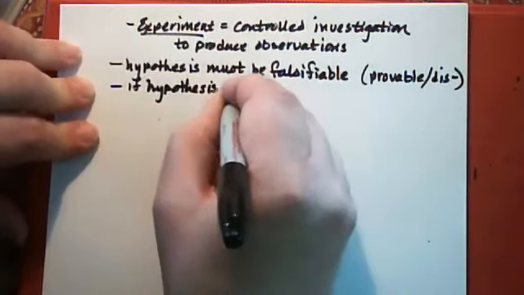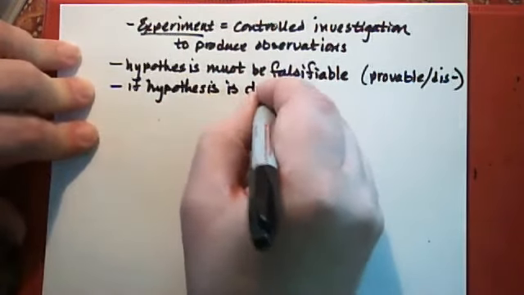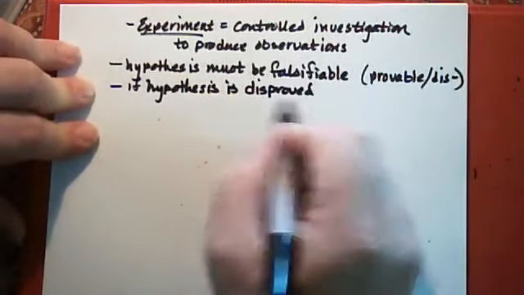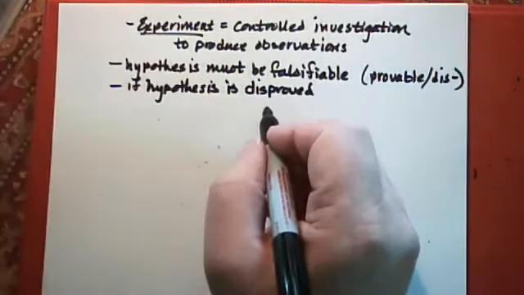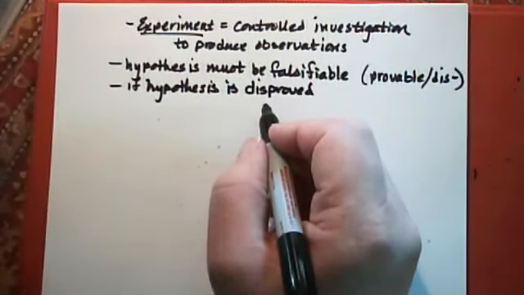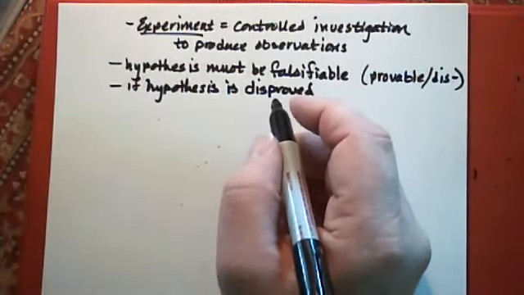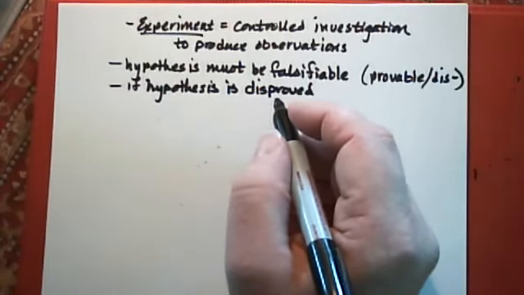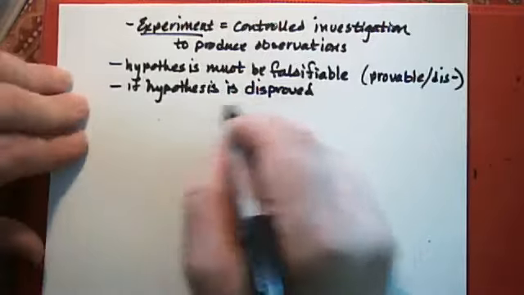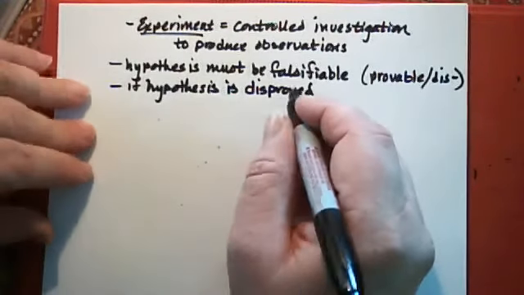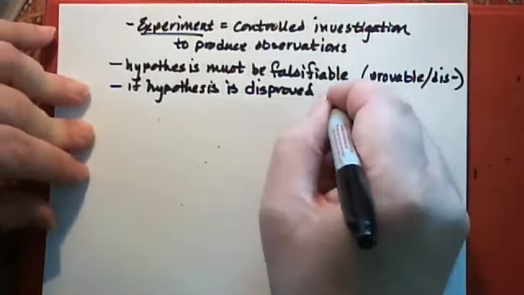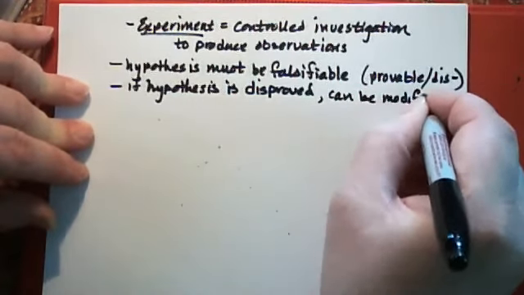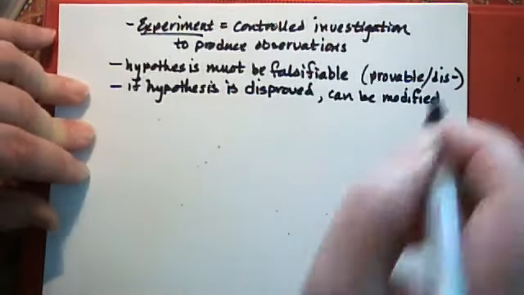If the hypothesis is disproved, and this could be disproved completely, or it could be only disproved partially. Some hypotheses are more complicated than others, and it's entirely possible to disprove part of a hypothesis while confirming other parts of it. If the hypothesis is disproved, then you would want to modify it.